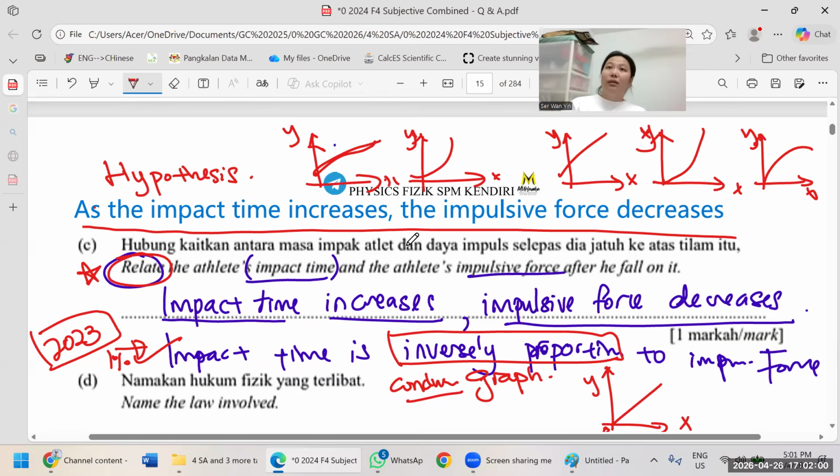So increases can show many possible graphs. But inversely proportional is only for one graph, or a reciprocal graph. So I encourage you all to use a hypothesis sentence because there are many possibilities.